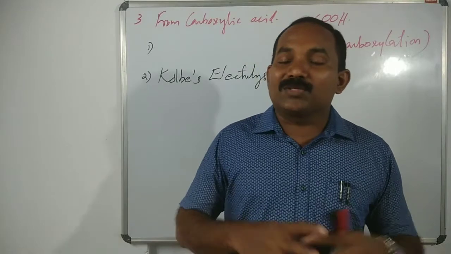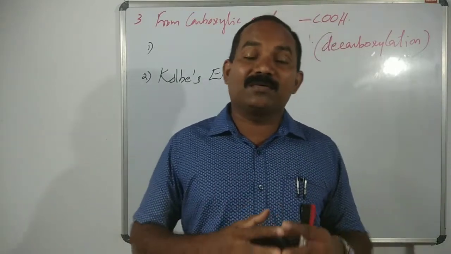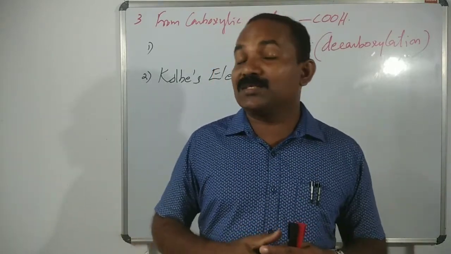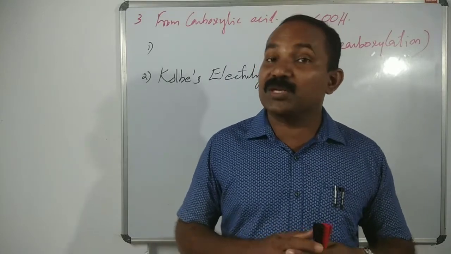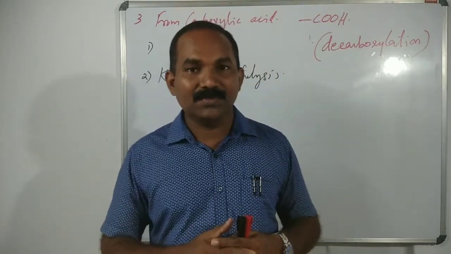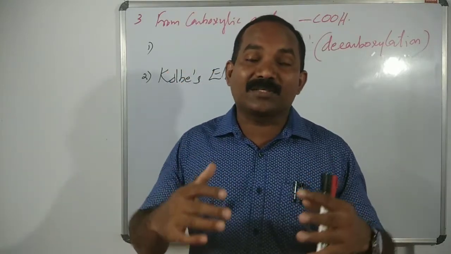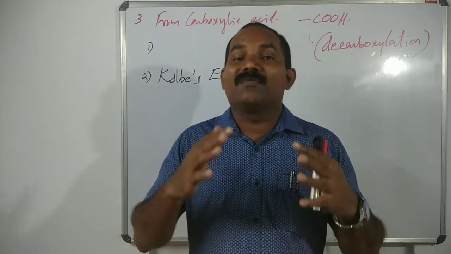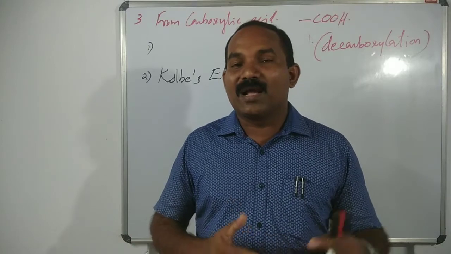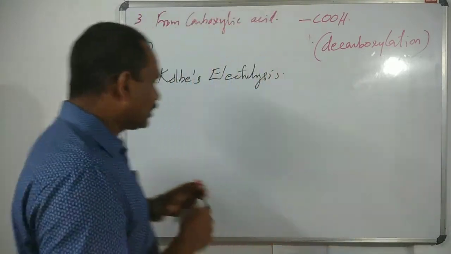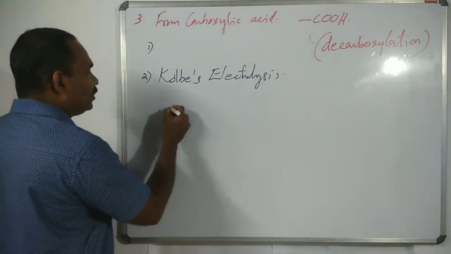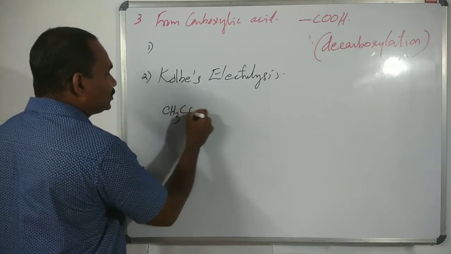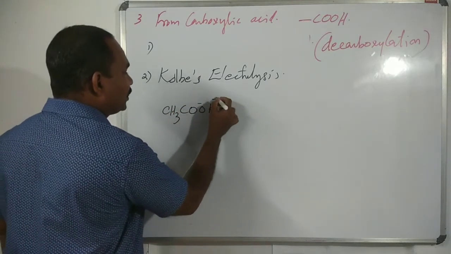Here, a sodium or potassium salt of carboxylic acid is electrolyzed, especially the potassium salt. We get alkanes. Okay, let's take an example. CH3COO minus K plus.